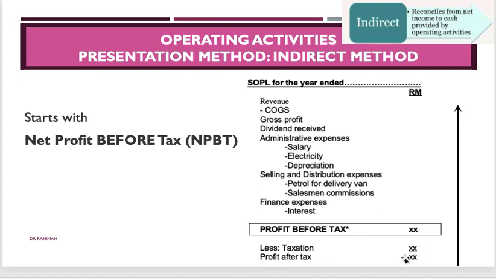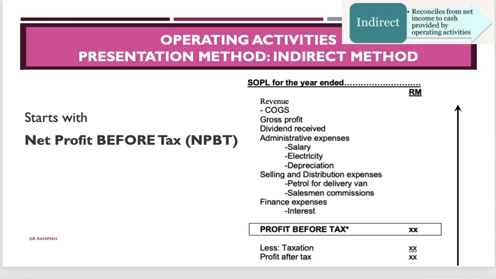Okay, if the question gave you after tax, you have to add back. But if the question provides you with this detail, you don't need to add back. You just take the profit before tax. So you put it under your cash flow. And then this is why you need to adjust, because in your SOPL you have prepared the published account before. I'm sure that you know.